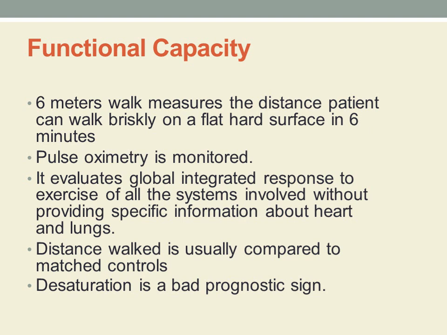It gives a global response to exercise, and usually they compare the distance to the normal for age and compare it to a control. So it should be age matched, according to male and female. Normally it's around 600 to 700 meters.